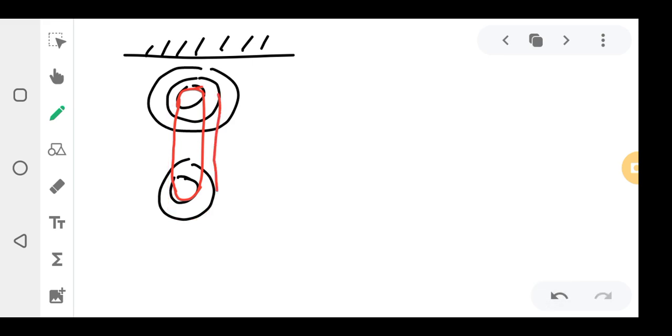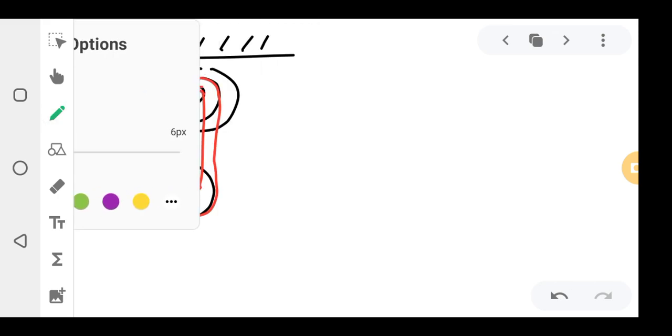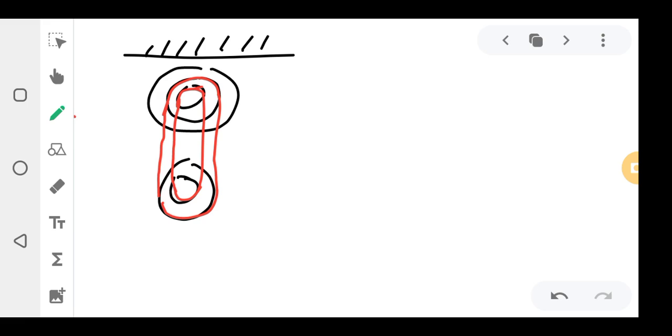It goes like this. I should have used a different color. I think you can see. And then the other one is like this. Not like that. So it goes like that. So it just goes like this.